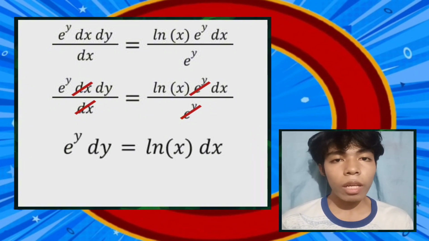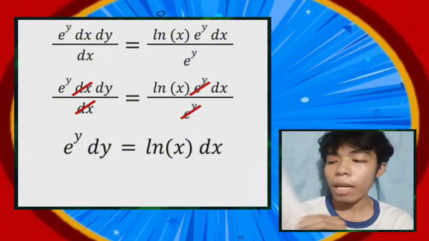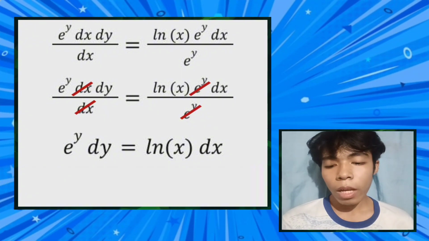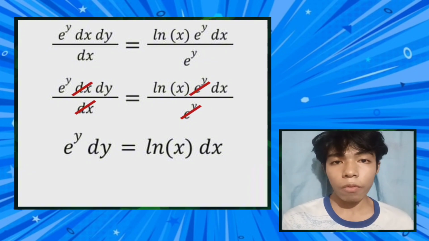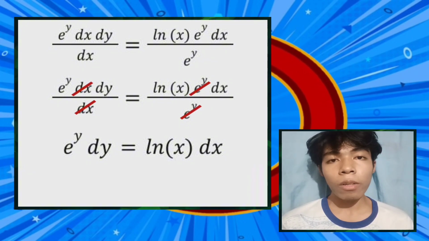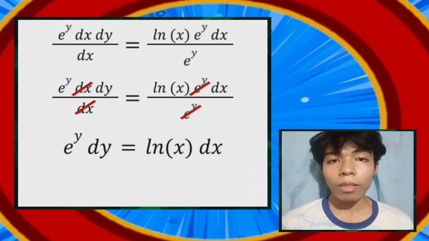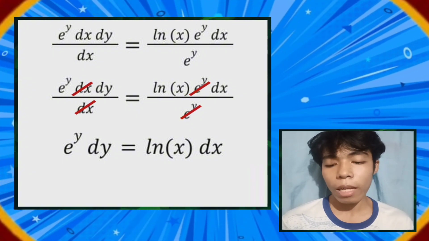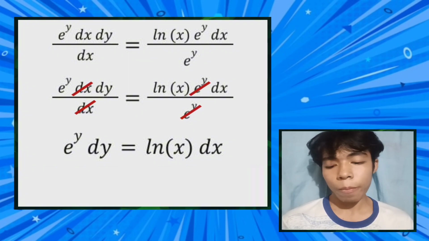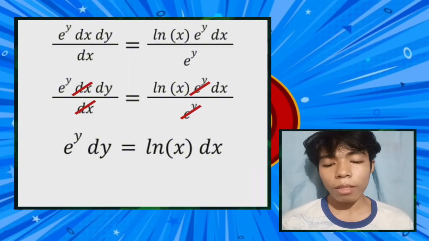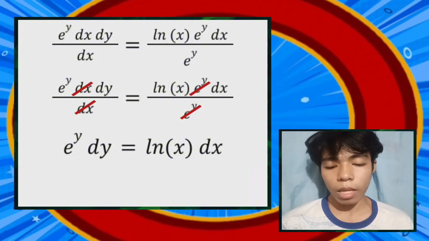That's why the remaining on the left-hand side is e raised to y dy. On the right-hand side, the e raised to y on the numerator and denominator have been eliminated. That's why the remaining on the right-hand side is the natural logarithm of x dx.